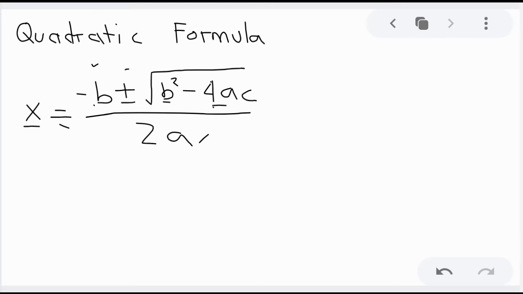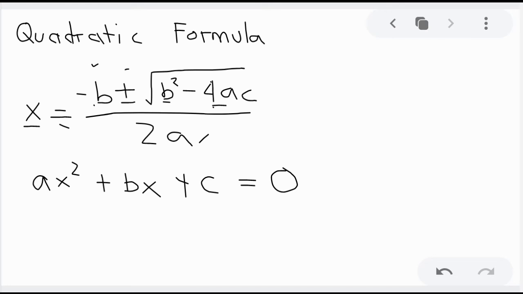So, how does this formula work? Remember earlier our general equation, which is in standard form: ax squared plus bx plus c is equal to 0. This formula works for quadratic equations that are factorable or not.